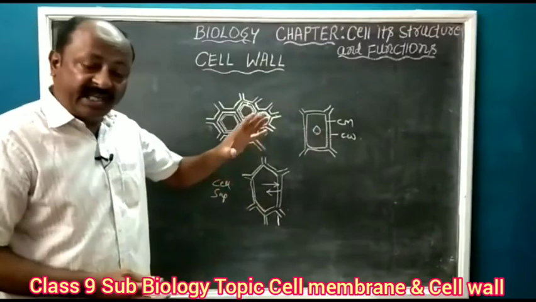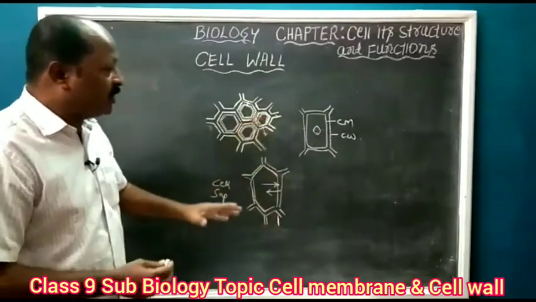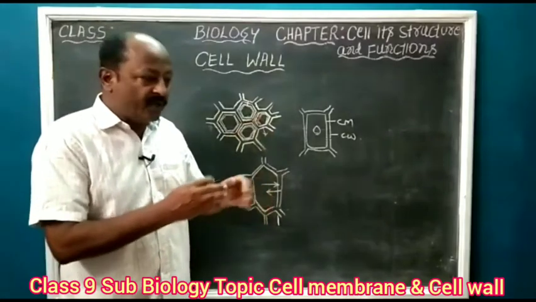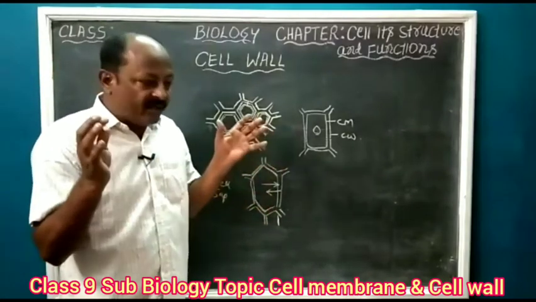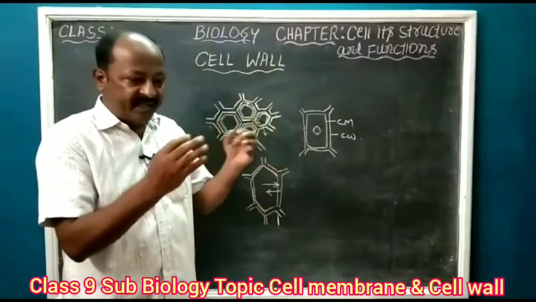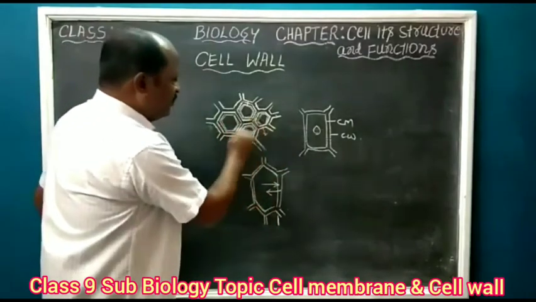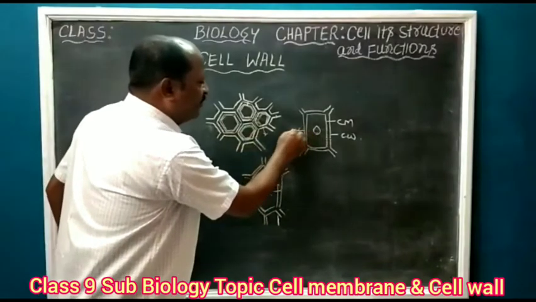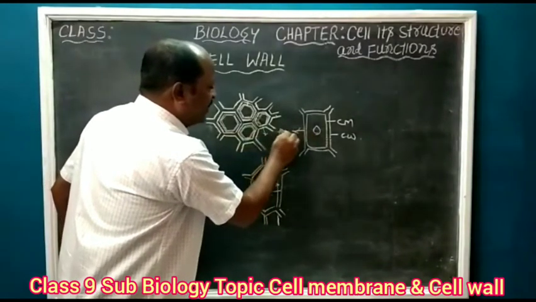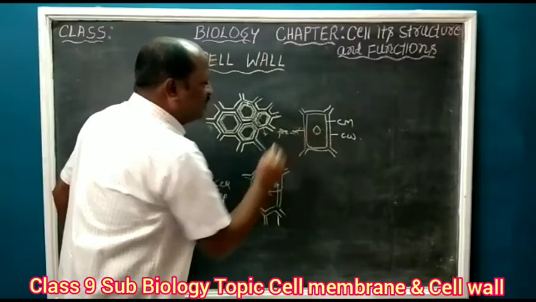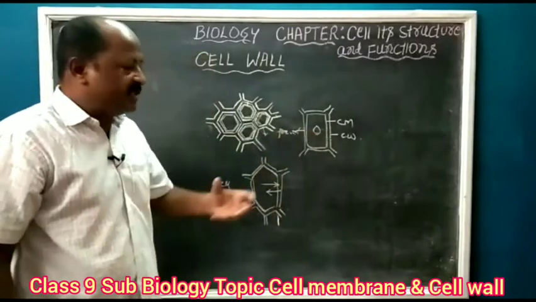But this cell wall is playing a very important role in resisting the pressures exerted from outside, from the external medium. Here we have got the pressures, and these pressures are actually resisted with the help of the cell wall.